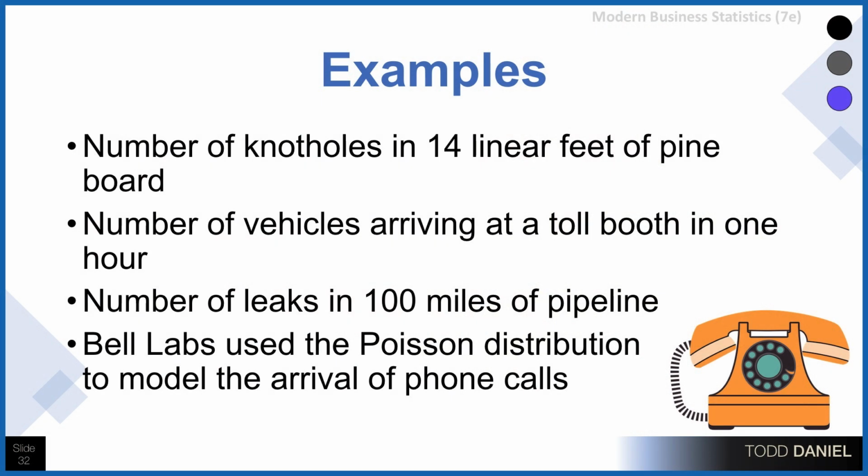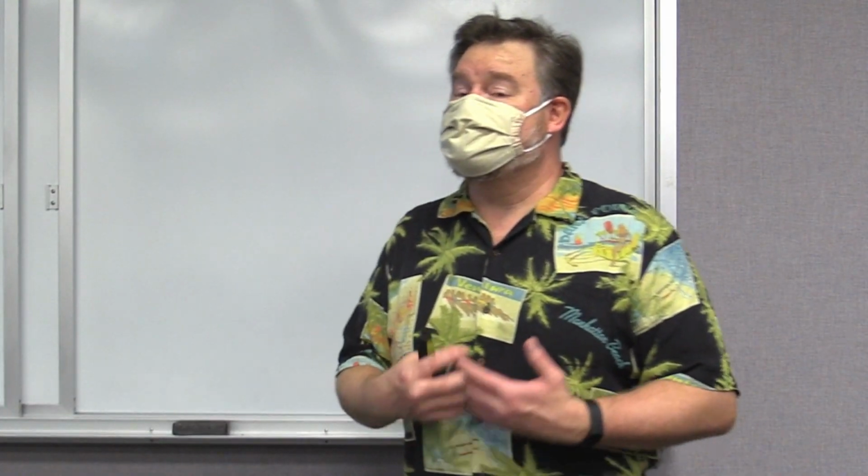The number of vehicles arriving at a toll booth in a single hour. The number of leaks in 100 miles of pipeline. Or, in a real-world example, Bell Labs used the Poisson distribution to model the arrival of phone calls. And this might be very beneficial as you're designing your phone system.